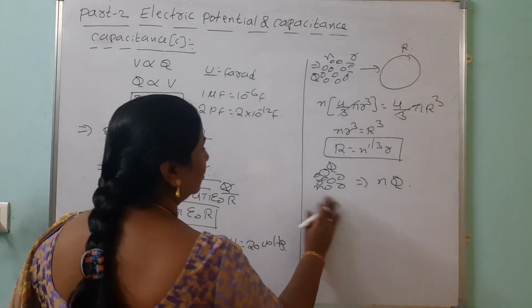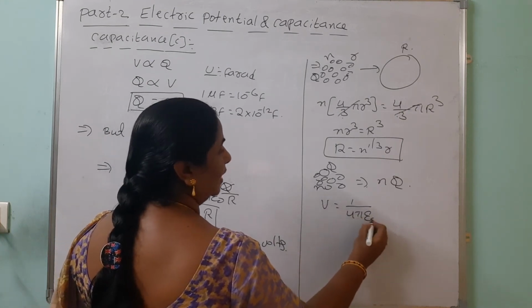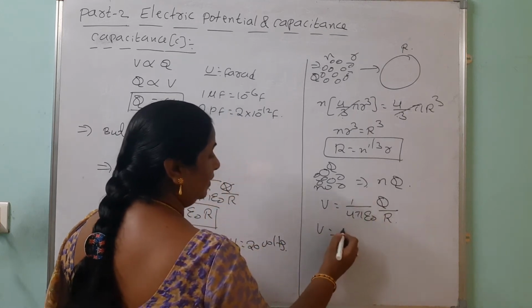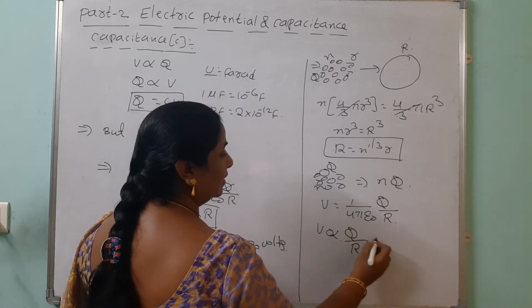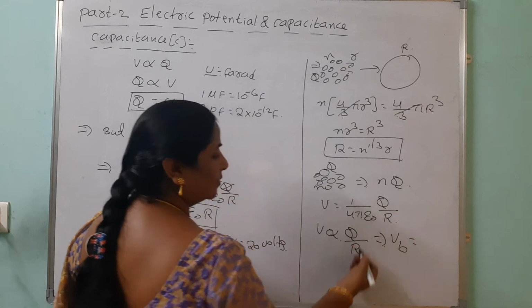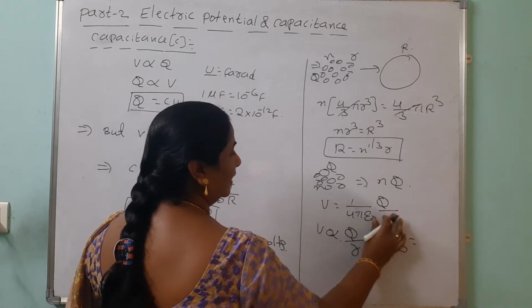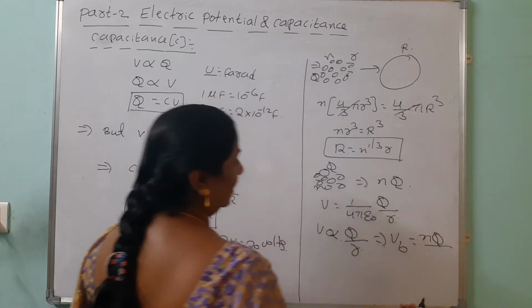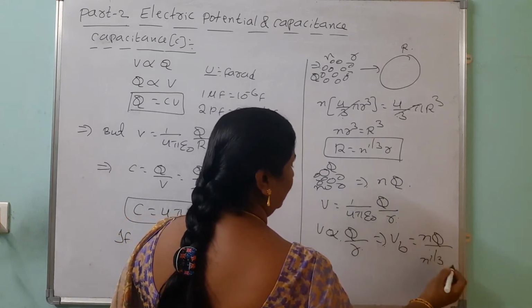First of all, we can go through the potential also. V equals 1 by 4 pi epsilon naught Q by R. So V is directly proportional to Q and inversely proportional to R. For the small drop we consider this. Then for the big drop, instead of Q we get nQ by capital R. Instead of capital R, n to the power of 1 by 3 into r.